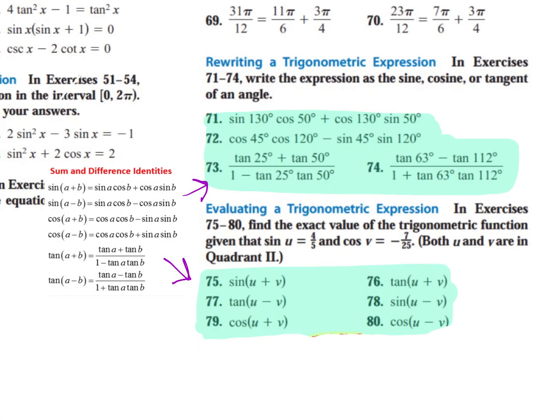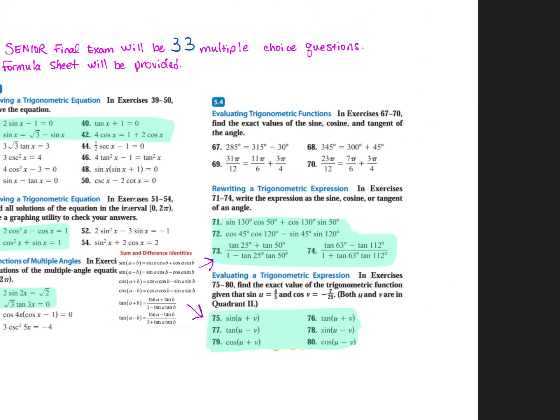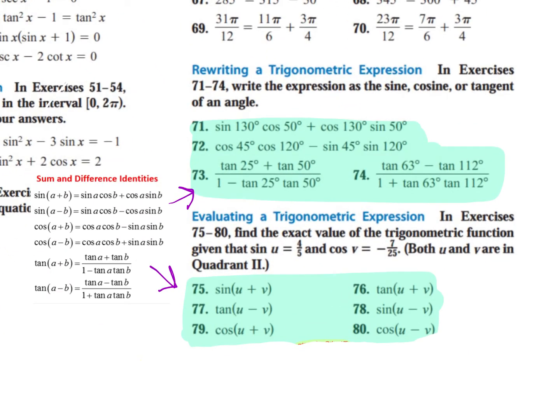All right, so we're moving on to the right side of the page. So for 71 through 74, we just have to write the expression as sine, cosine, or tangent. So we're not actually having to solve here. So we want to see which one of these equations matches. Here I have sine times cosine plus cosine times sine.